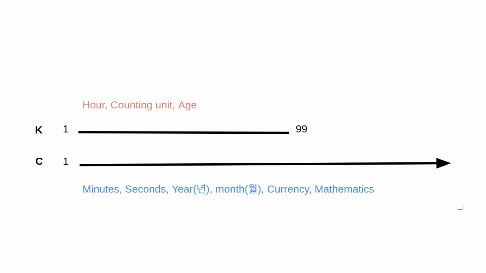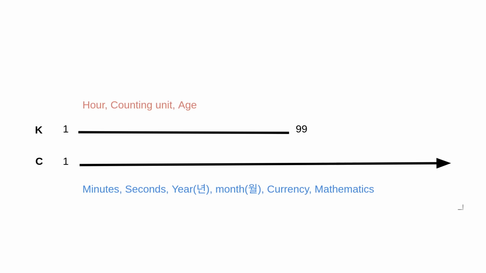So here is the example. We use the Korean system when we talk about hour, counting unit, and age.